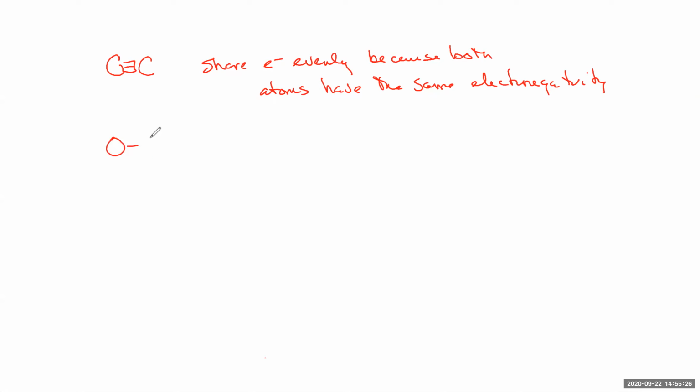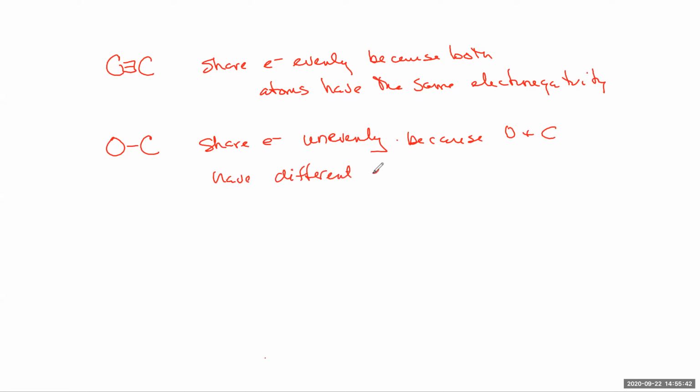If I look at an oxygen to carbon bond, they're going to share the electrons unevenly because oxygen and carbon have different electronegativities. Now, looking at a periodic table, it goes carbon, oxygen, nitrogen, and they're in the same period.